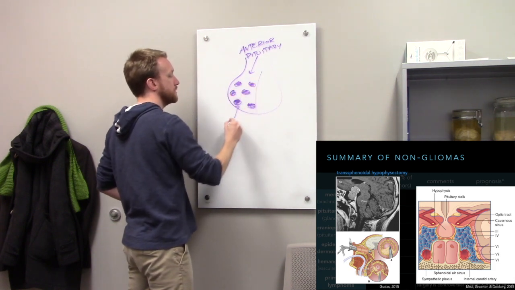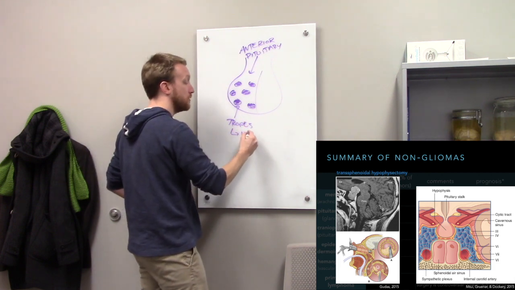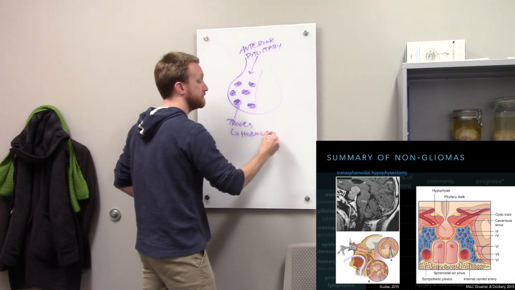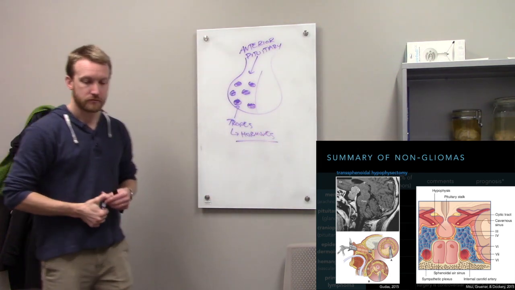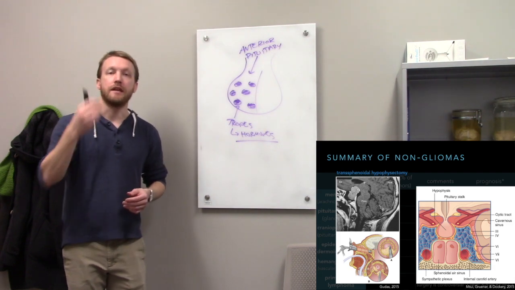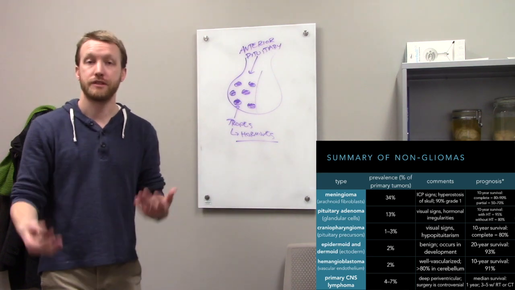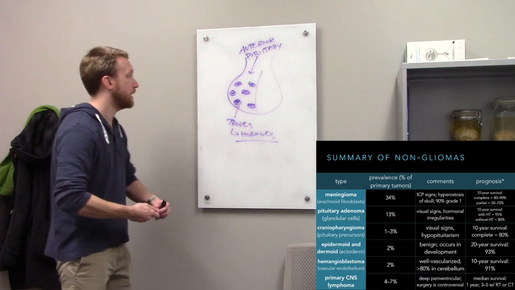So these tropes here are the cells that are going to secrete hormones. So whether we see an increase or a decrease in hormonal release depends on which cells have become cancerous.